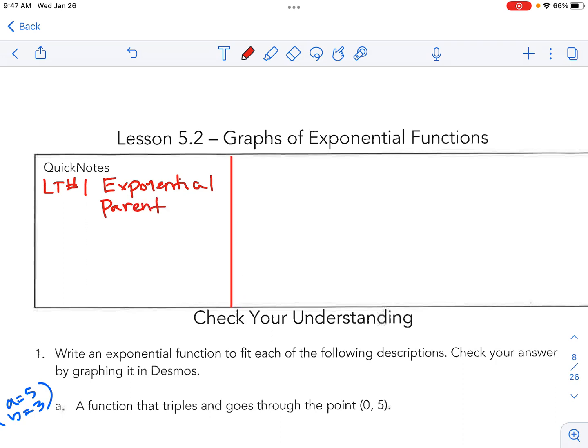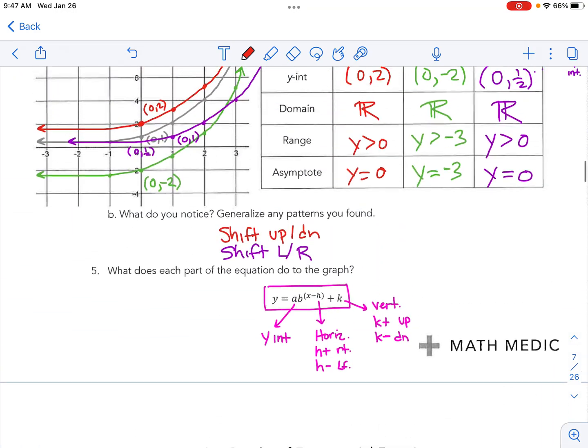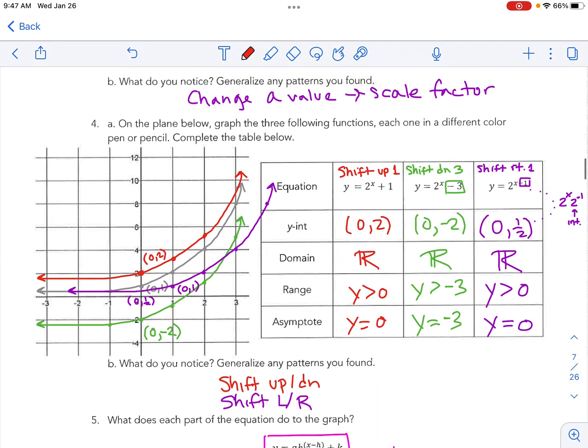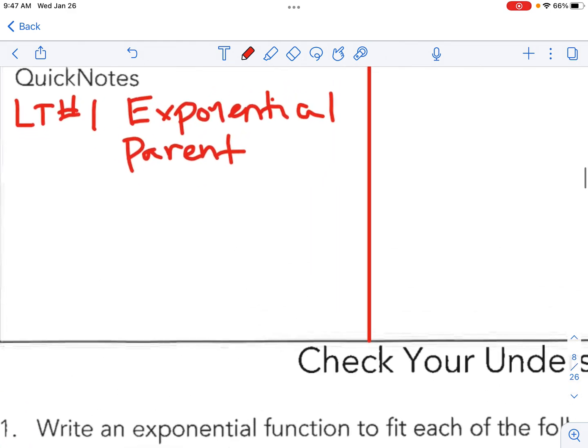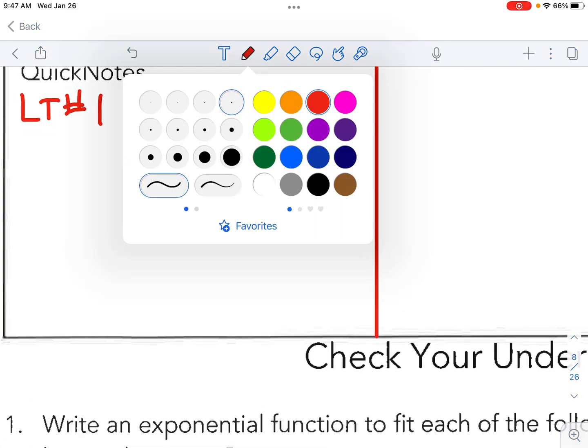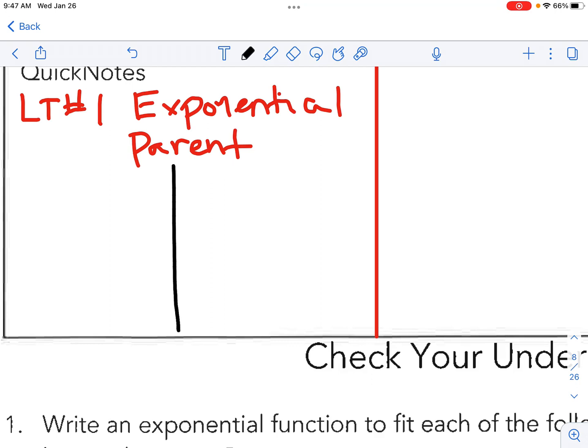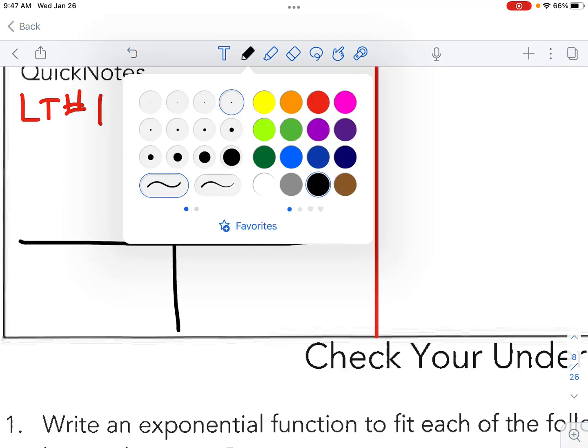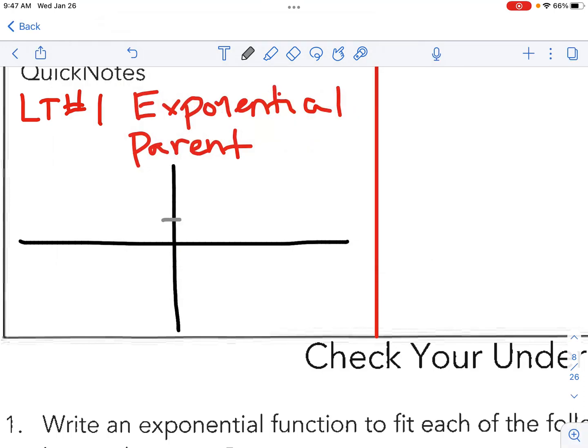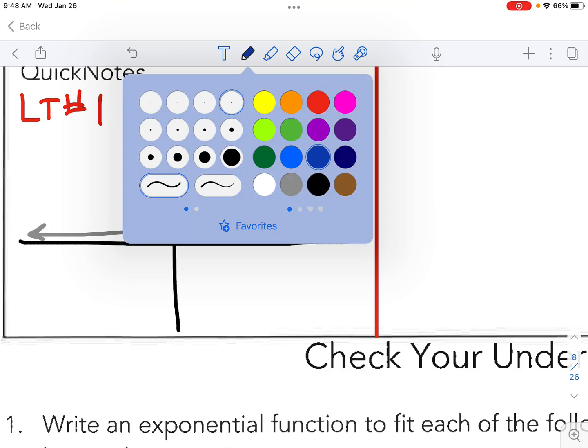The exponential parent was what I was graphing up here in gray, right? The exponential parent on the coordinate plane looks like an intercept at 1 and a curve that gets big on the right and then gets asymptotic on the left.